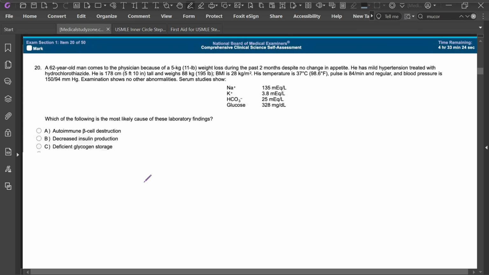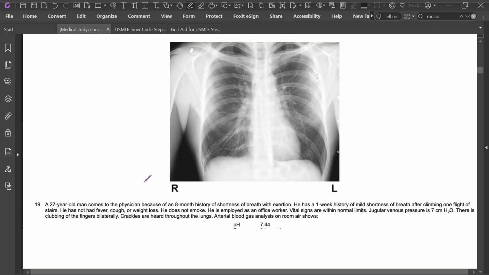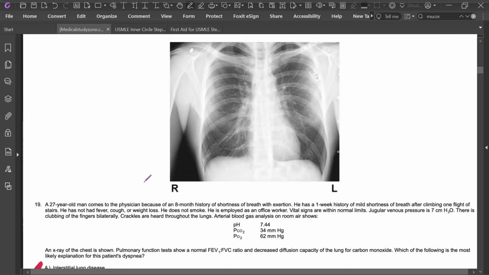Pulmonary function tests: FEV1/FVC ratio and decreased diffusion capacity of lung for carbon monoxide. Okay, that means restrictive lung disease. Which of the following is the most likely explanation of the patient's dyspnea? I think the JVP is high too. JVP is high. Okay.